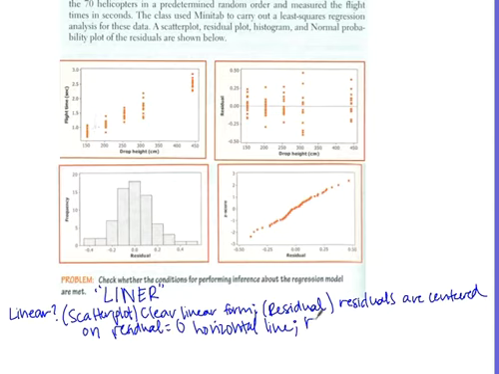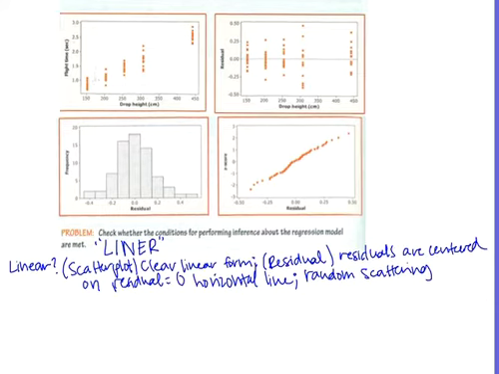It also shows random scattering around that line, which is good. Remember we talked about how you wanted to have some random scattering because that lets you know that it was linear. If you were to see some sort of circular pattern, that would mean that we could not use linear regression.